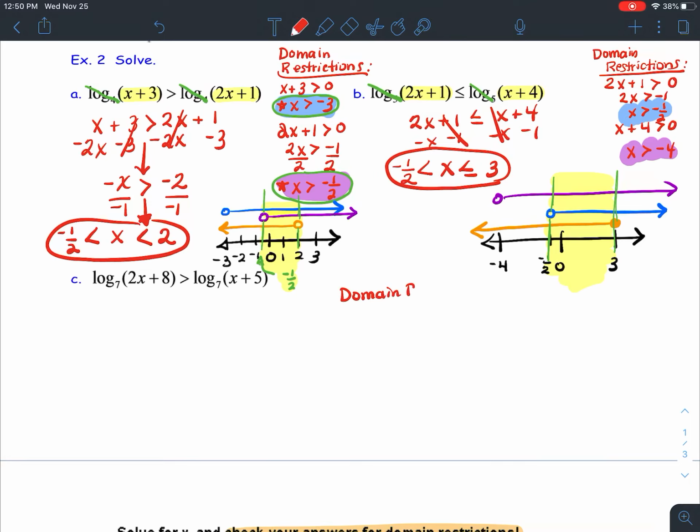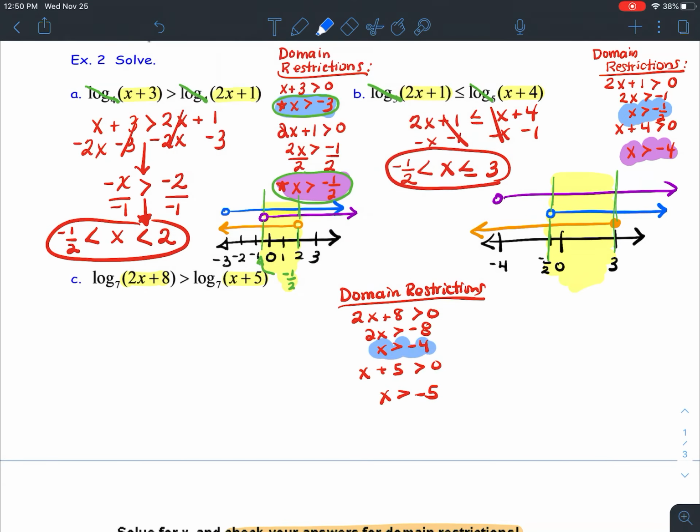Okay, last one. Let's do our domain restrictions here. We are going to take each of our logarithms' arguments, force those to be greater than 0, and solve for x.